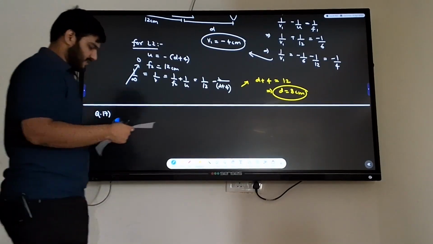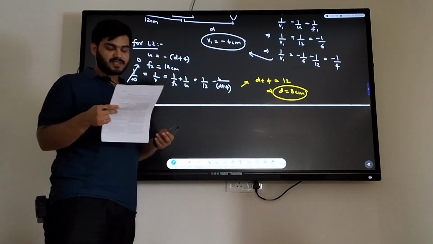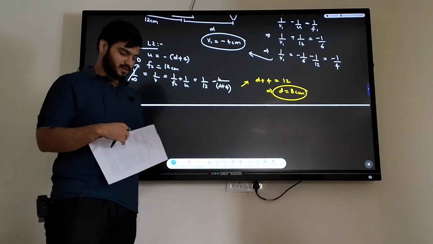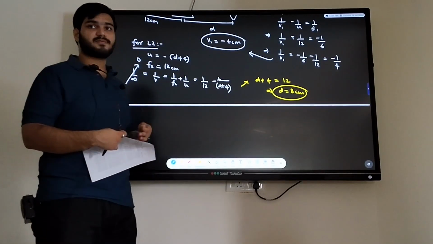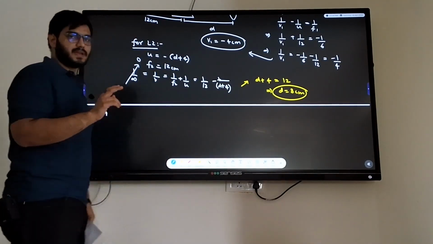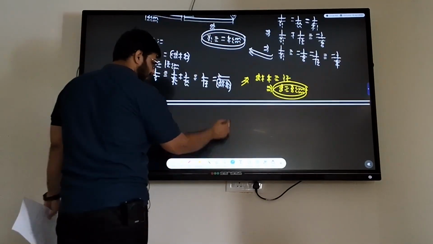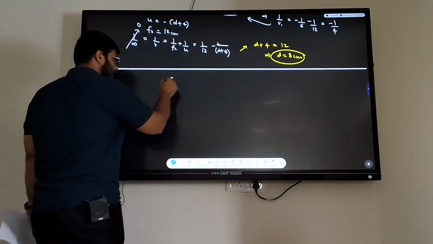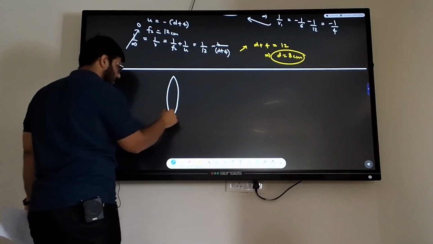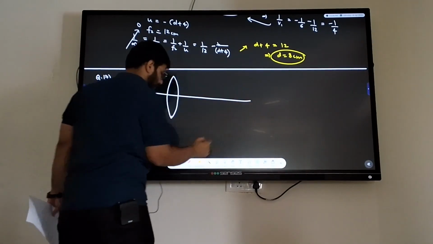Question number 17. You have a converging lens, so that's why I told you to make a diagram. It would be much better. You have a converging lens whose magnification is given to be 5. The magnitude of m is at least 5. If I make a diagram, let's say this is my converging lens, and then I place an object here.